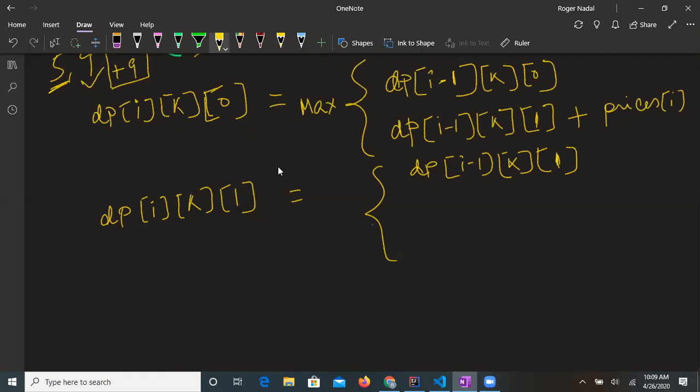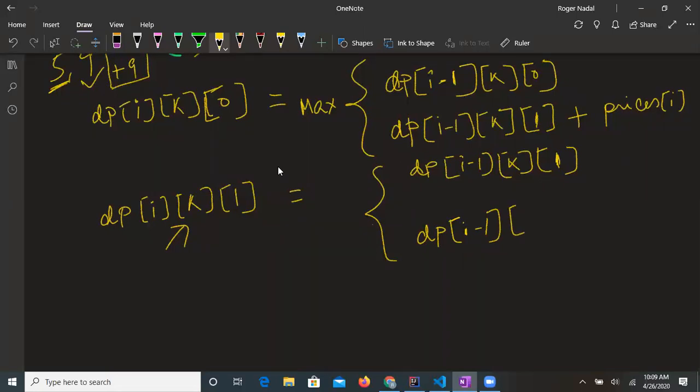Or I want to hold a stock. That means I need to buy a stock because I don't have a stock today. So when I am buying, then I am engaged in a transaction, right? And that is when this index will also change. From the previous day, I had i minus 1.